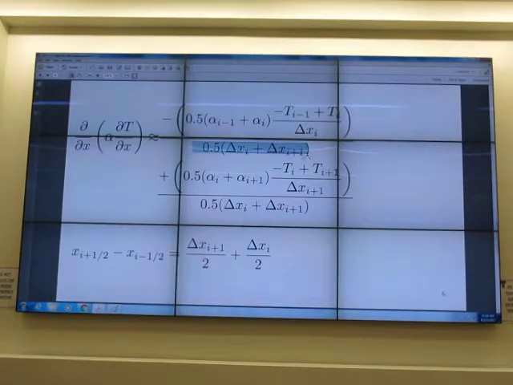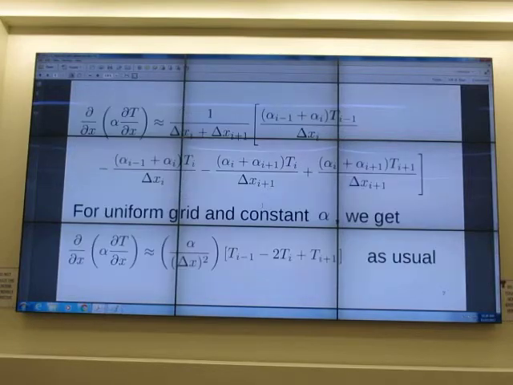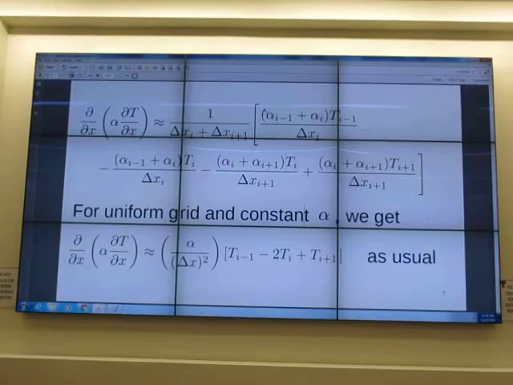So I have that. Alright? So delta x i previously, I used delta x i and delta x i plus 1. Okay? So this is non-uniform gap. You do some more math, then you get this equation. This equation is not perfect, because if it is perfect, you should not have this.